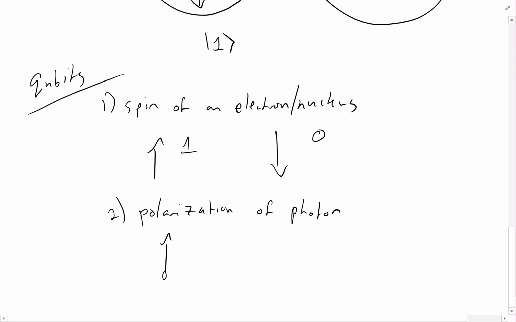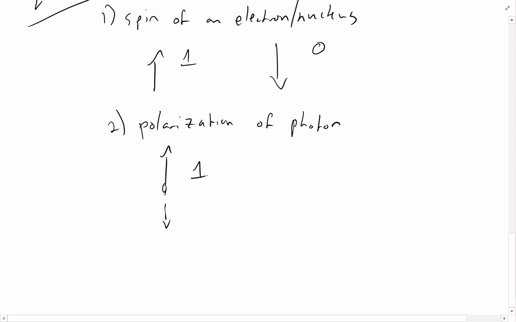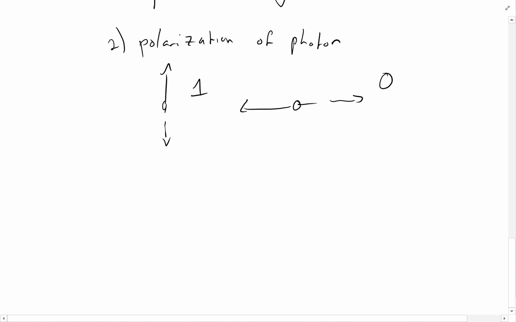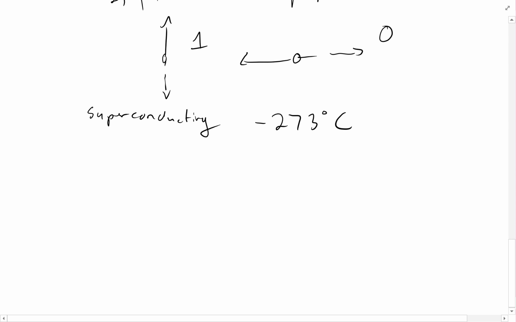Vertical polarization can be represented as 1, and horizontal polarization can be represented as a 0. These qubits are held in superconducting electrical circuits at very low temperatures. These low temperatures allow the qubits to have superposition states.